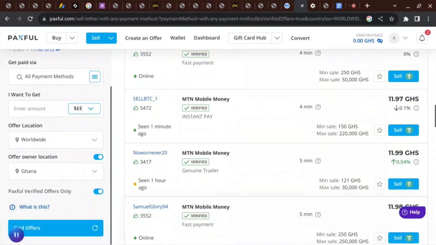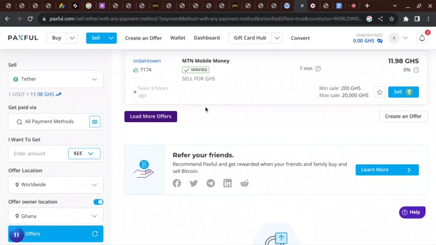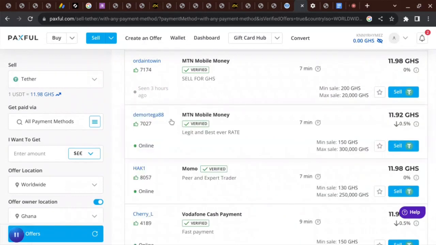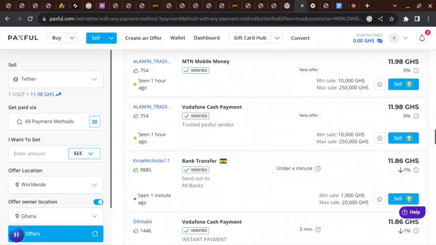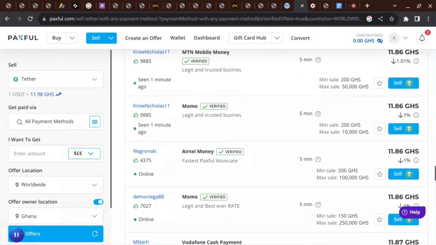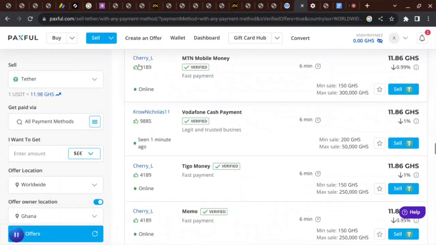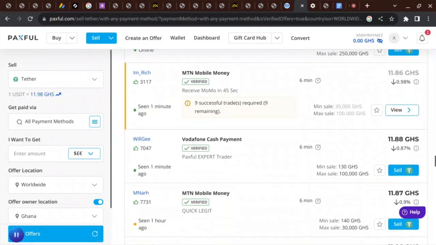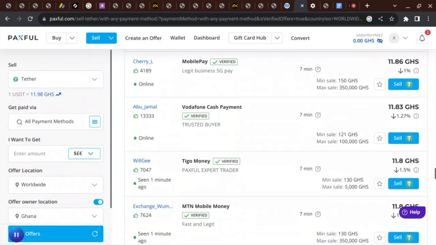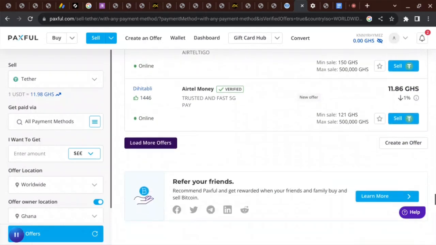So let's go down. Before you end up doing the trade with someone, you have to find out the person will be doing it at a good rate. So you go to load more so you find a good rate, because like you spent 12 point something, 12 Ghana cedis on one USDT.